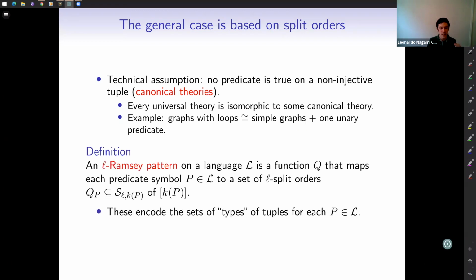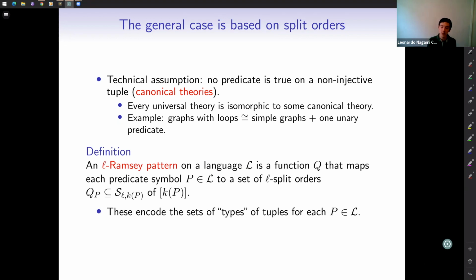But I'm not going to dwell too much on this. And let's see what the general case should look like. First we need to encode the types of tuples, right? And this is encoded by what's called the L-Ramsey pattern. You remember you have this language L that has these predicate symbols, and for each predicate symbol, I want to look at the types of tuples for that predicate symbol.